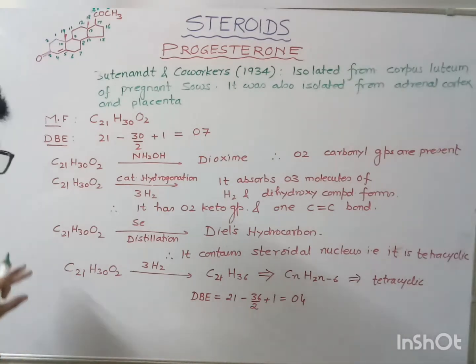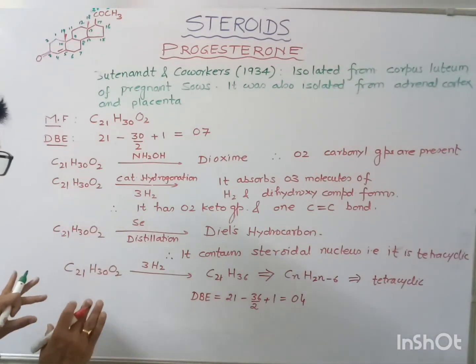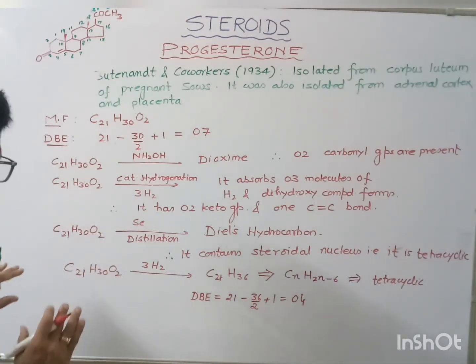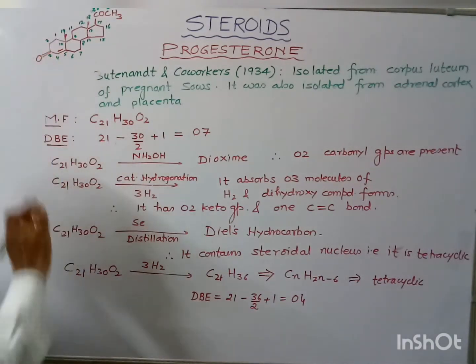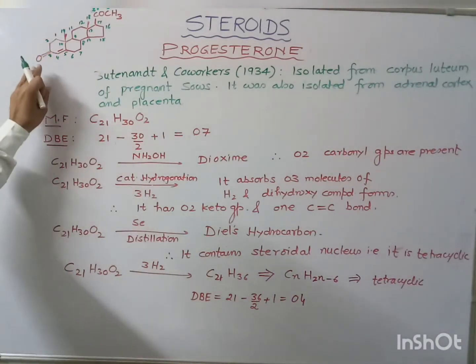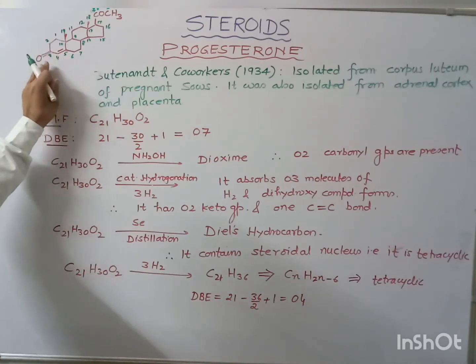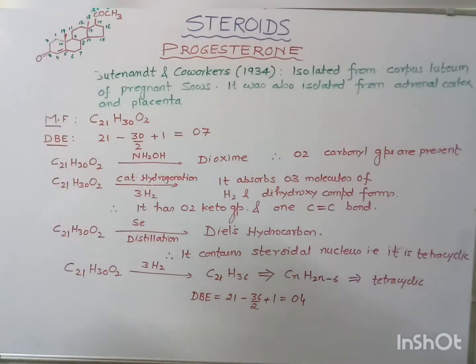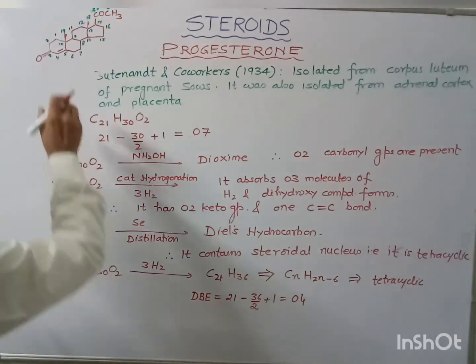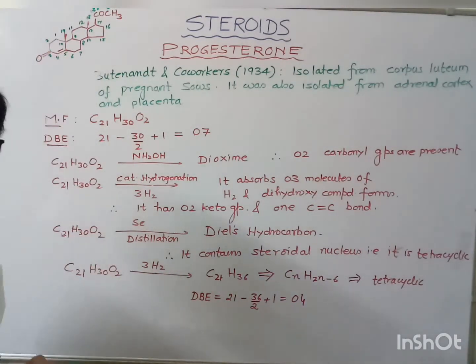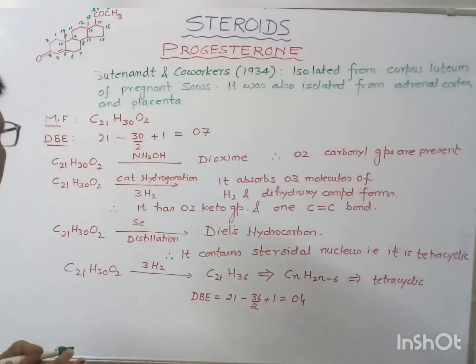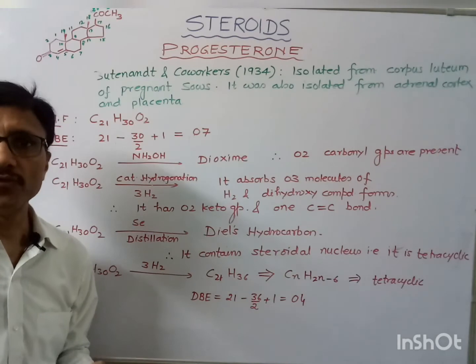So this is one of the things. Now, as you can see, one keto group is present and another double bond is present, so progesterone is an alpha beta unsaturated carbonyl compound. This was proved by the UV spectra.